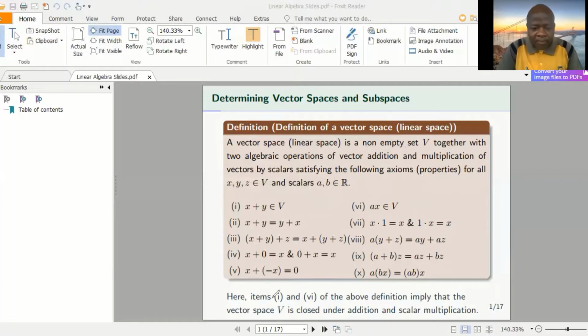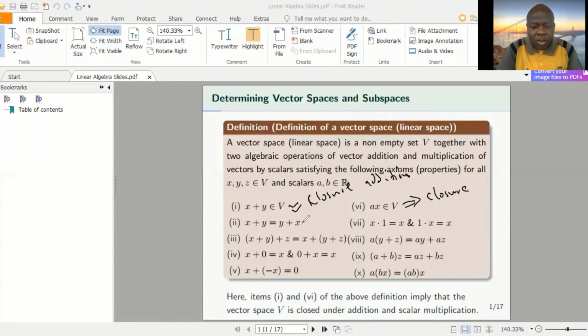I've said that items 1 and 6 imply that the vector space is closed under addition and scalar multiplication of vectors. This is the closure property under addition, and this is the closure property under multiplication.